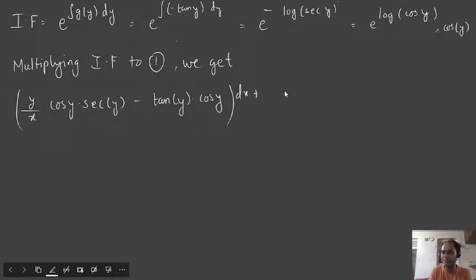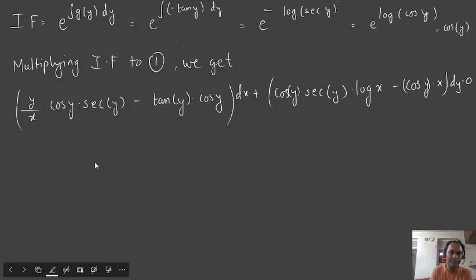And then there is cos y into sec y into log x minus cos y into x dy equals 0. This is the differential equation.